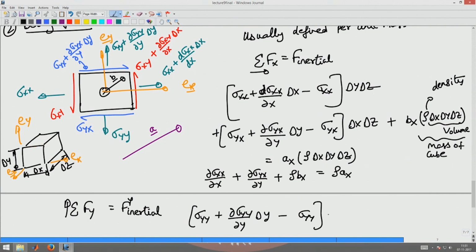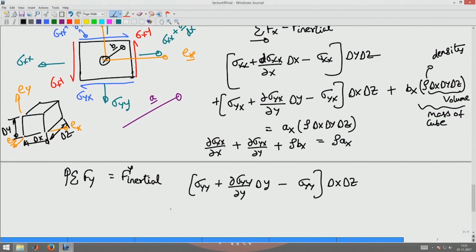Okay. Plus the shear stress contribution, which will be sigma xy plus dou sigma xy by dou x into delta x minus sigma xy, which acts on this face, and delta y times delta z will be the area on which it acts. So that will be delta y delta z.